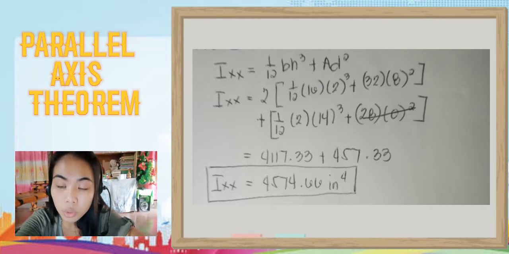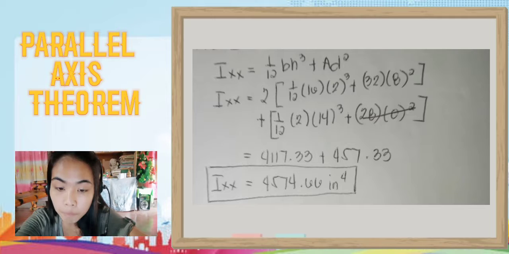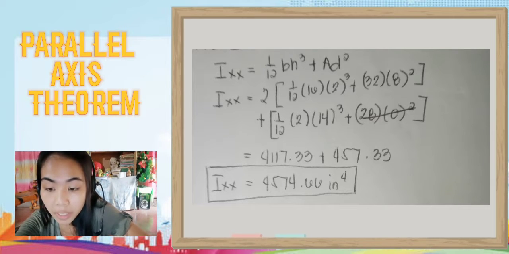So, we'll just use 2 times 1 over 12 times the base 16, times the height, which is 2 inches, cubed, plus the area, which is length times width for a rectangle.